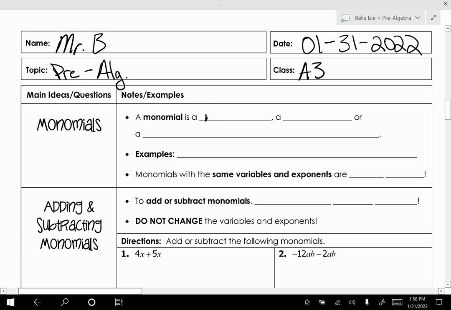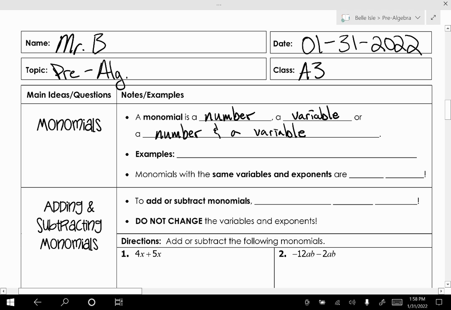A monomial is a number, a variable, or a number and a variable.